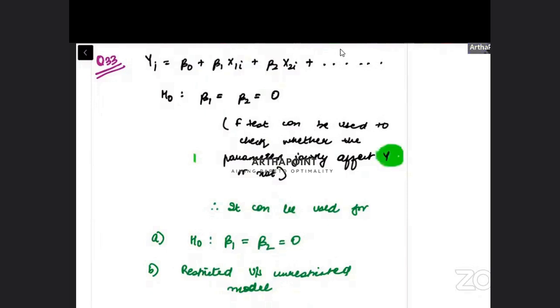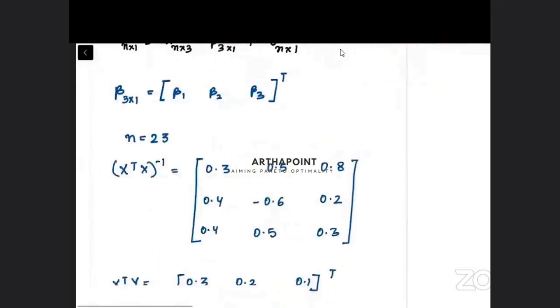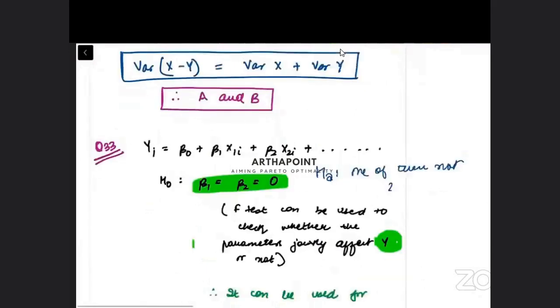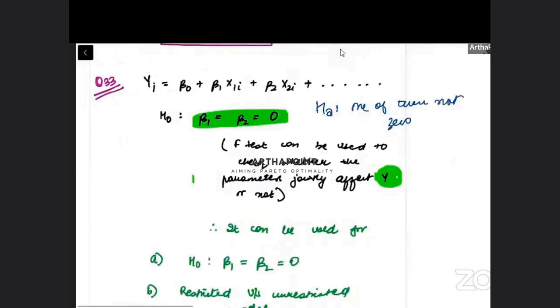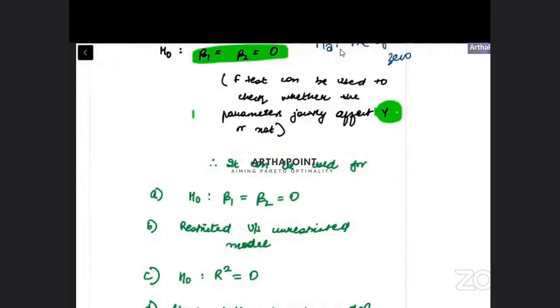And the null hypothesis in this case is beta 1 equal to beta 2 equal to 0. You are setting both equal to 0 together. An alternative is that one of them is not 0. This is your null versus alternative. So we always use F-test to do a joint test, whether both the betas together are 0 or not.